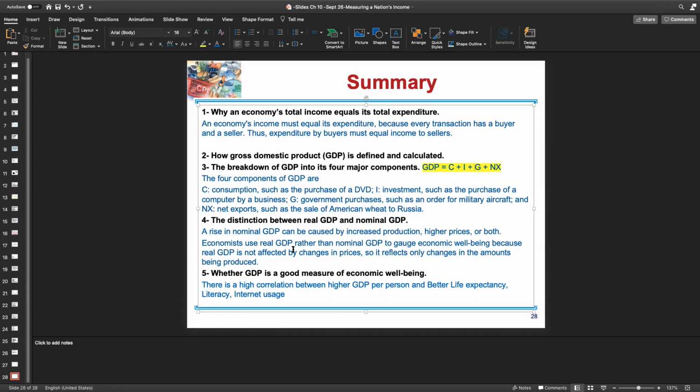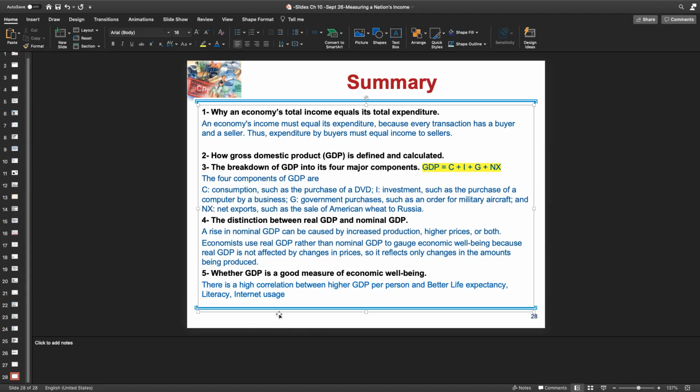Economists use real GDP rather than nominal GDP to assess economic well-being, because real GDP is not affected by changing prices, so it reflects only changes in the amount being produced.